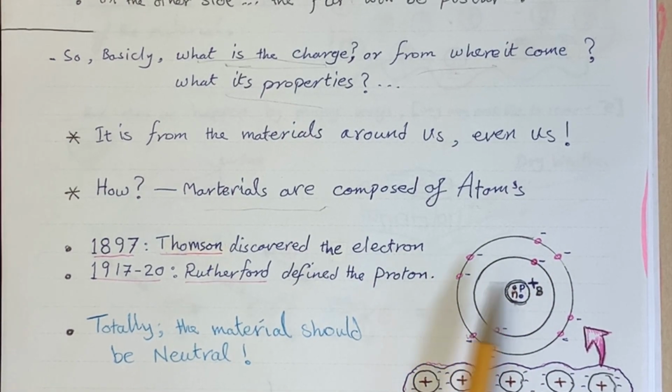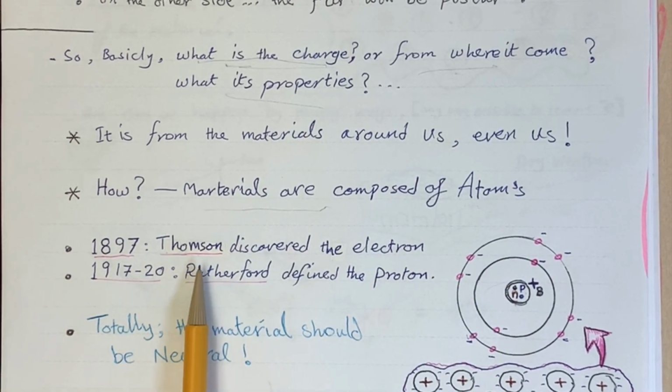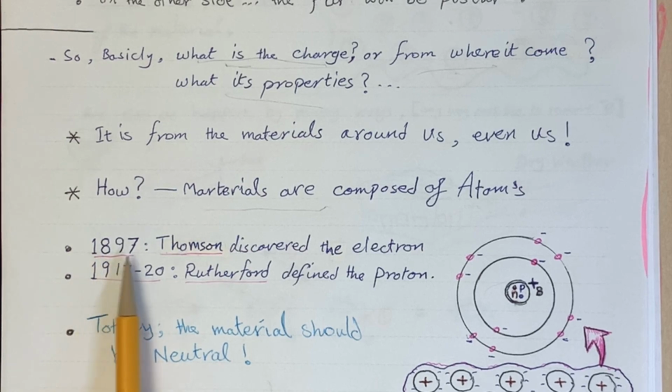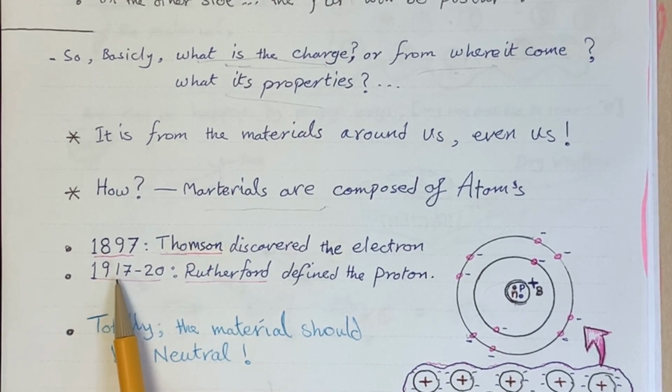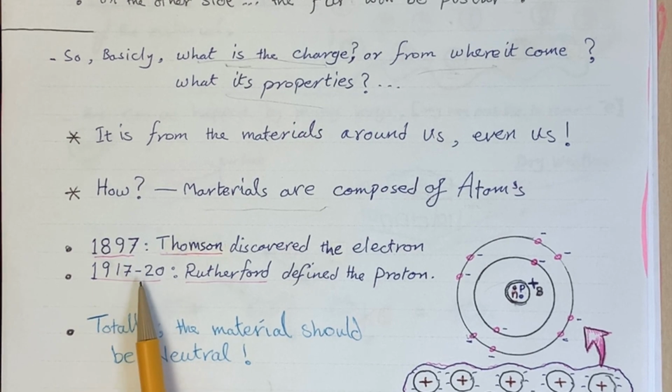The electron was initially defined and discovered by Thomson in 1897, and the proton was found before the 1920s.